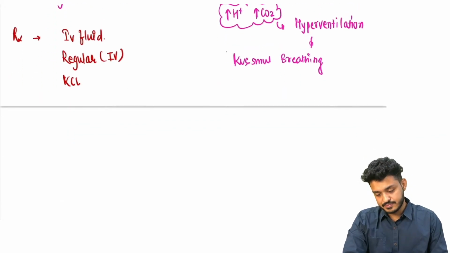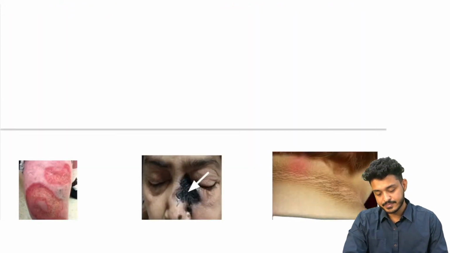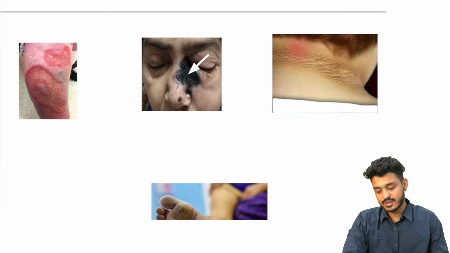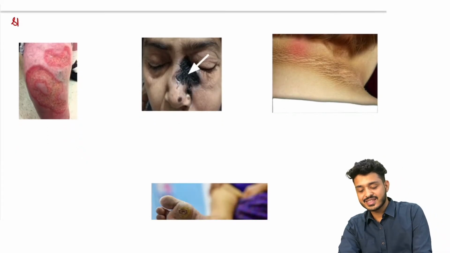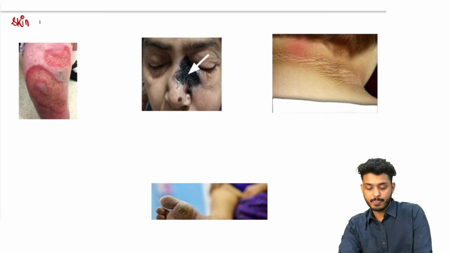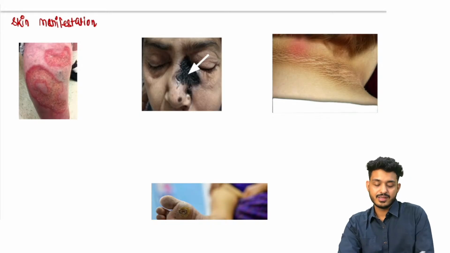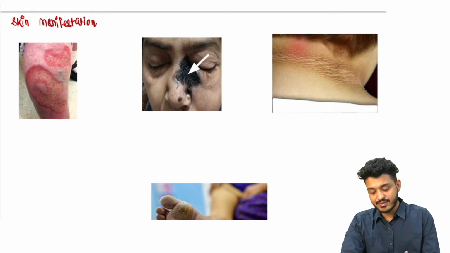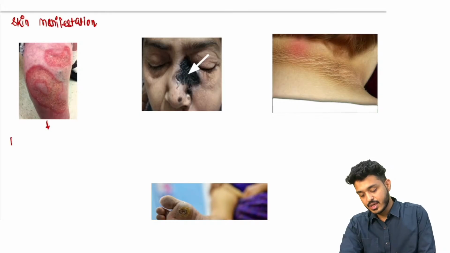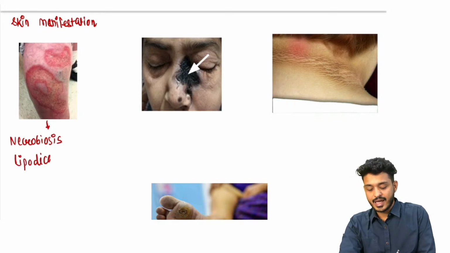What are the basic side effects we are having, right? What are the clinical manifestations? What are the skin manifestations we can have? The skin manifestation, the first one in front of you, is necrobiosis lipoidica diabeticorum.